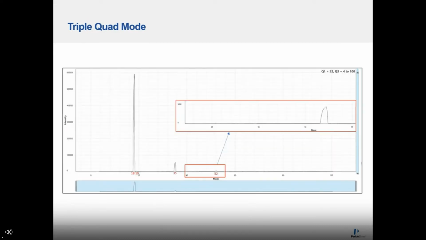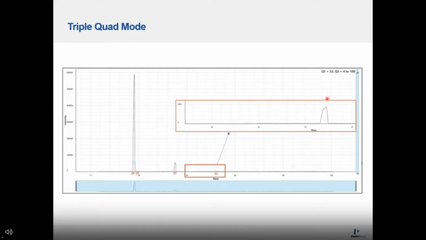In this product scan mode analysis, where we have intentionally turned off the active bandpass in the cell, even when Q1 only allows ions of mass 52 to enter the cell, with ammonia introduced to the cell directly, you could see new cluster ions forming at mass 18, 19, 35, and 52.